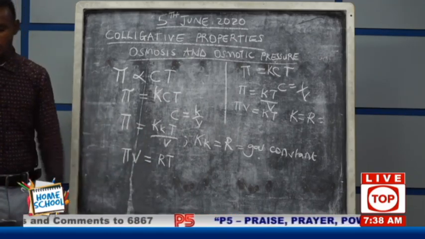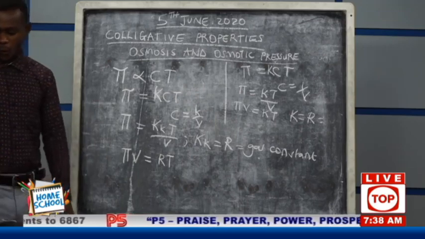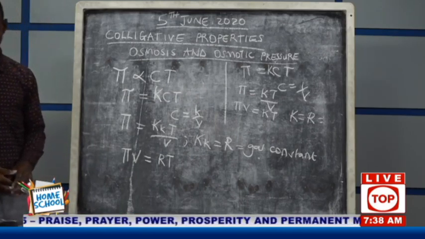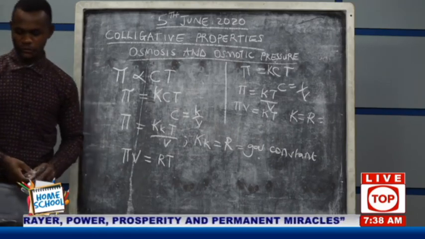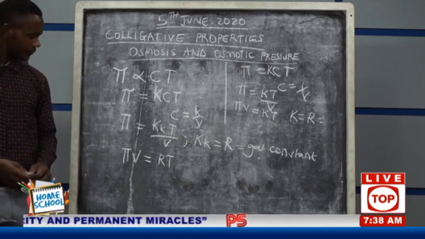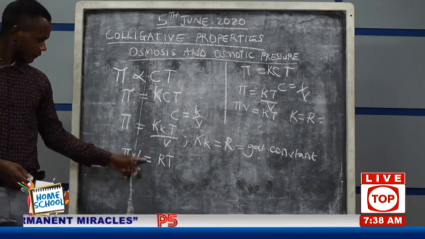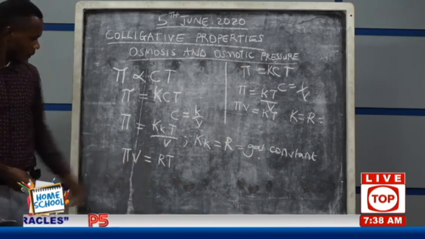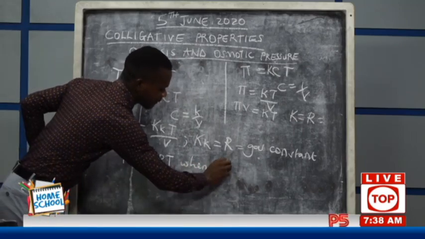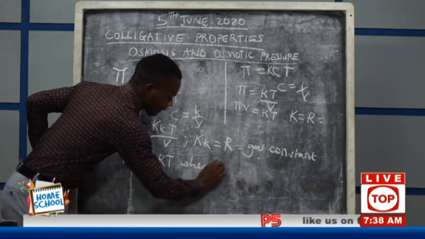And this one is only for when it is 1 mole of a solute, here when n equals 1.